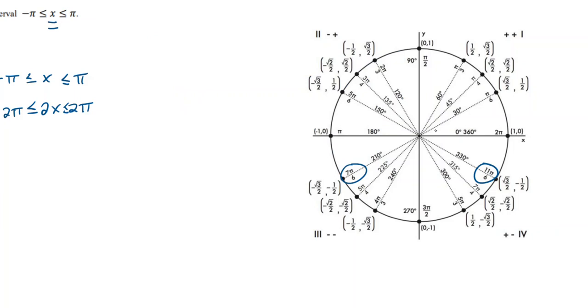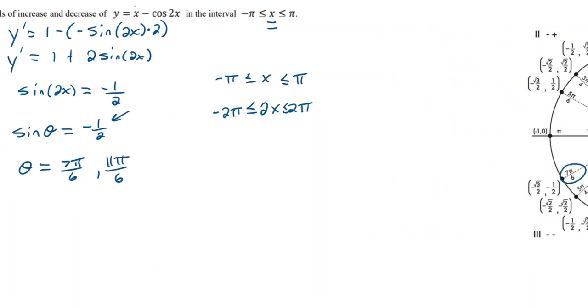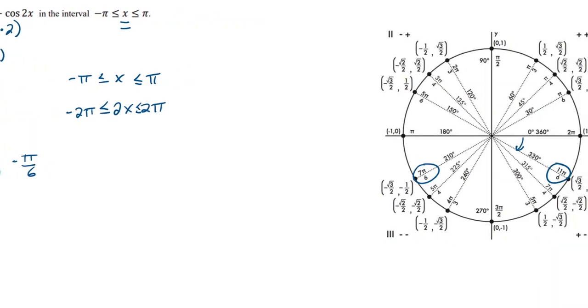We found this one, that was 7 pi over 6, and we also found 11 pi over 6, and that would be on our way to 2 pi. But we need to account for the other direction. If we were going the other direction, then we consider this as being negative pi over 6. So we also have negative pi over 6 to bring into account, and then we also have negative 5 pi over 6.